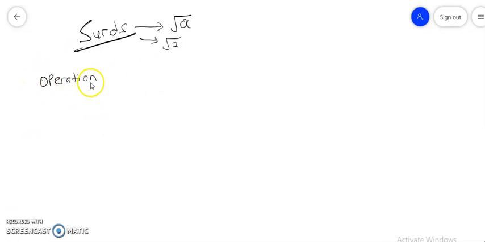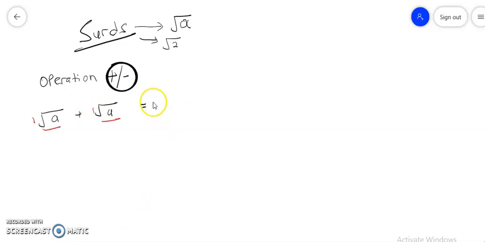Now we start with the operation of addition and also subtraction for surds. When we have square root of a plus square root of a, it will behave like an algebra. So it's like 1 plus 1, and you will have the answer 2 square root of a.